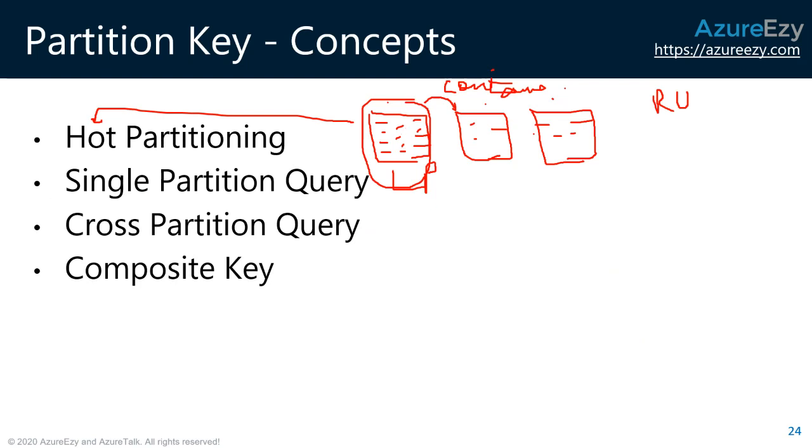So you should be aware of hot partitioning. Your key should not lead to a hot partitioning situation. Okay, so this is what hot partitioning is. I hope this concept is clear. Now, just think about it.